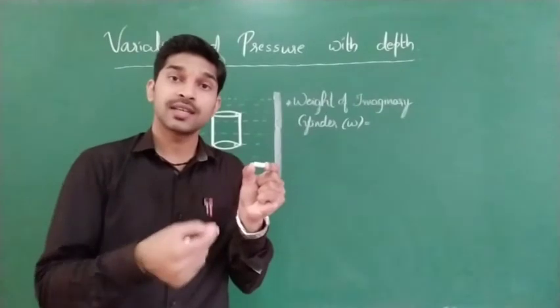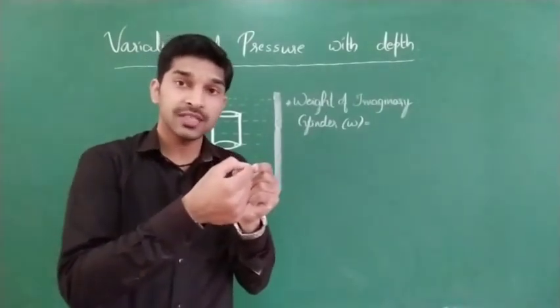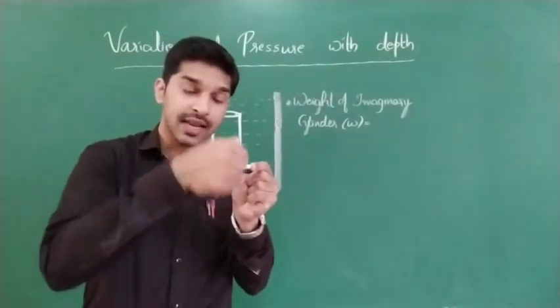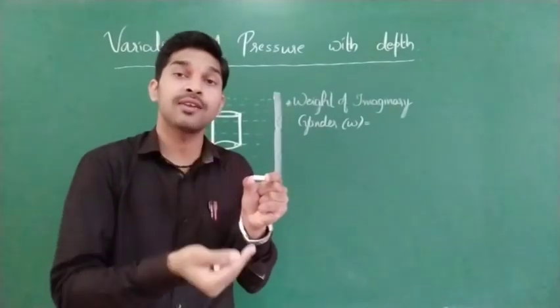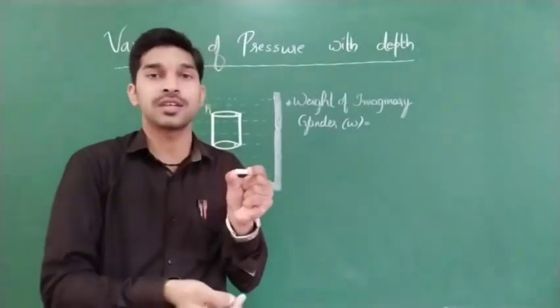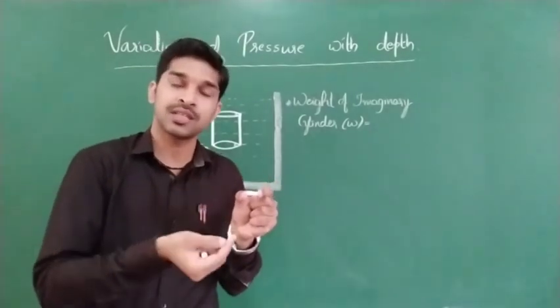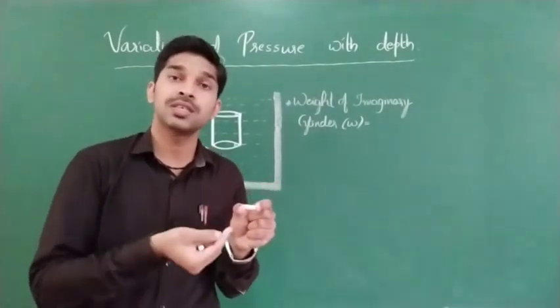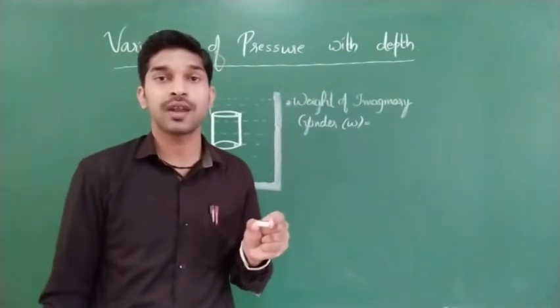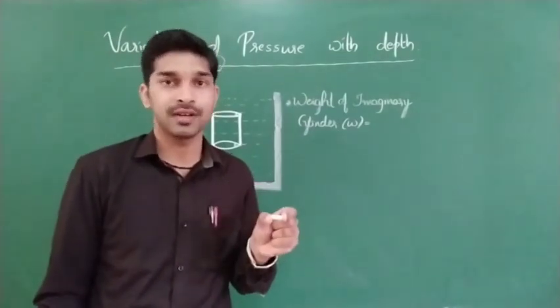That value is mass into acceleration due to gravity. So basically W is equal to mg, where m is the mass of the object and g is the acceleration due to gravity acting in the downward direction.